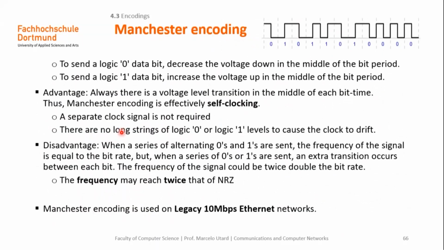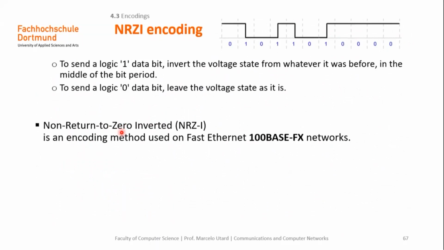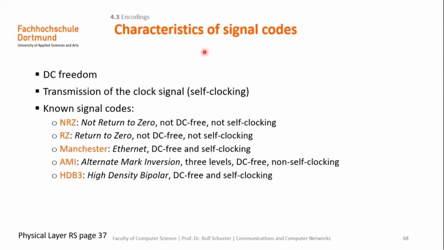Why? Because the problem of NRZ-I encoding is that it is not self-clocking. Typically the characteristics of signal codes are that they need to be DC free, that is without a continuous current component, continuous voltage. Transmission of the clock signal is not necessary.